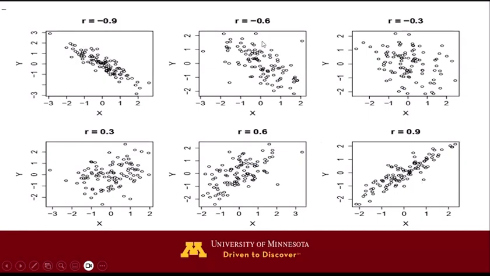If you take a look at -0.6 and +0.6, these are the corresponding scatter plots. They have the same magnitude but different directions. If you take a look at -0.3 and 0.3, you're also going to see the same thing: they have the same magnitude, but they are in different directions. I want you to take note of that.